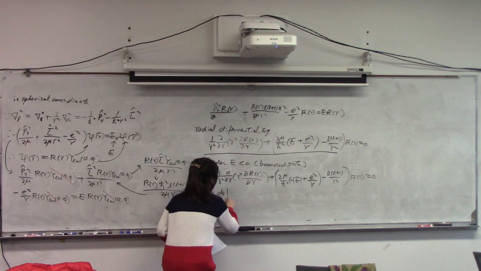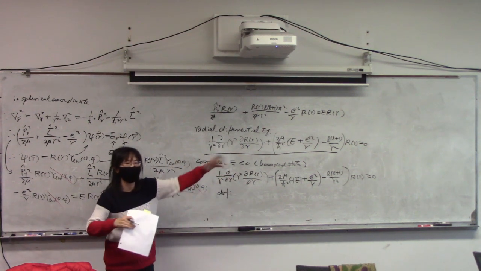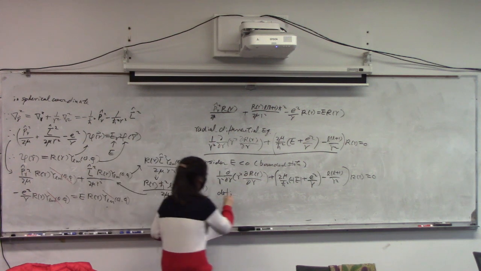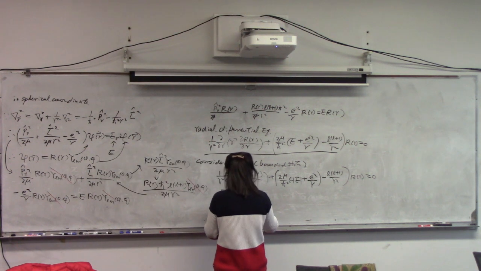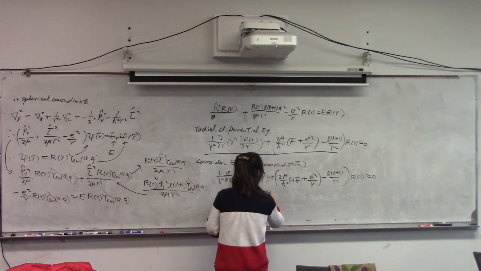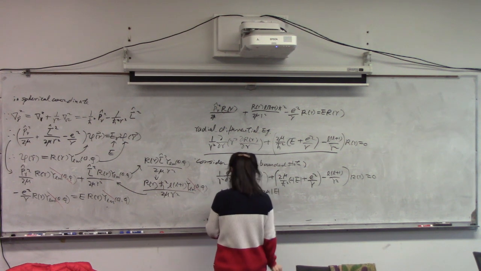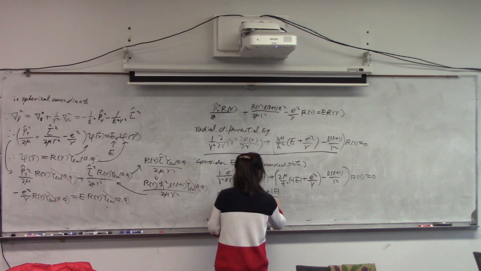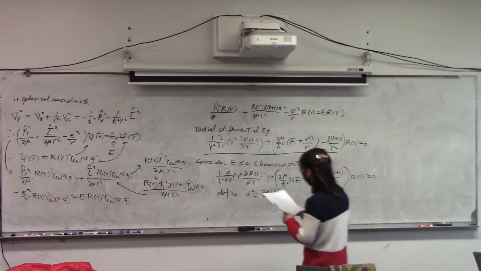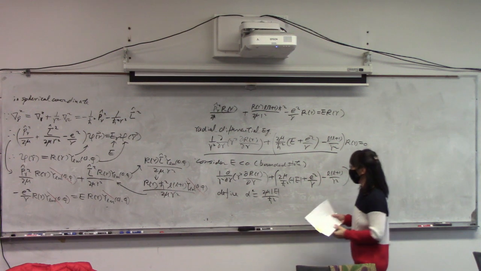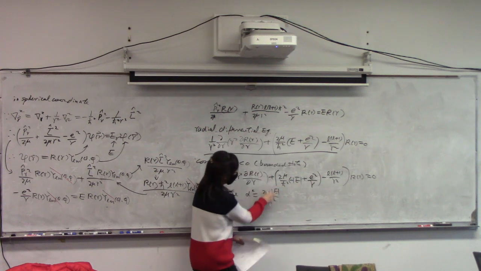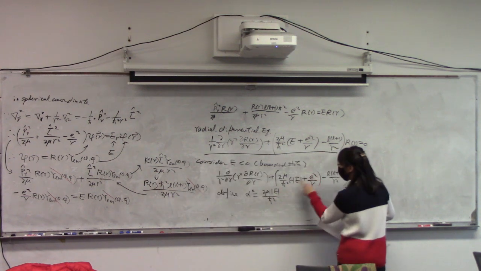So that is, to manipulate or clear up this equation, the first step. Define alpha squared as 2 mu absolute value of e over h bar squared. This is alpha squared. But then you say, I have another term, yes. So we are going to introduce another parameter to replace this one. Here you see this term is 2 mu e squared over h bar, right?